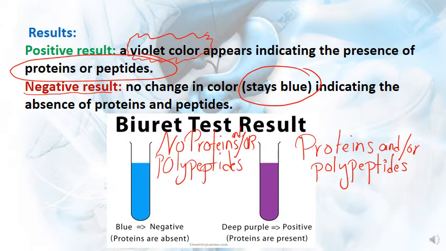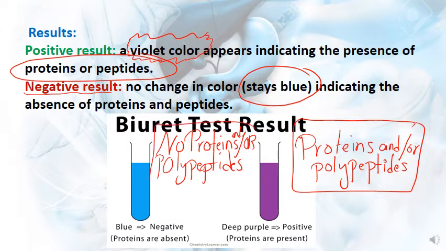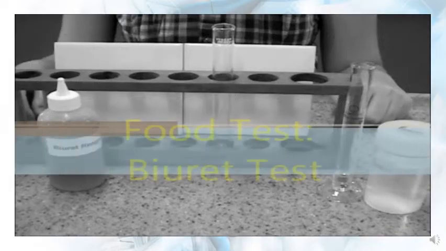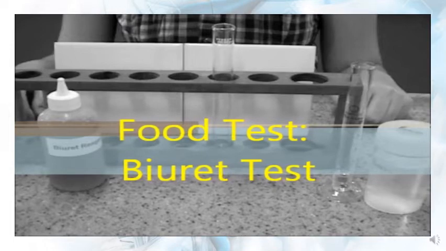If we have a violet color, meaning that we have proteins and or polypeptides. If we don't, we have neither proteins nor polypeptides. So blue, it's a negative result, no proteins. Deep purple or violet, positive result, we have proteins and or polypeptides. So this is the Biuret reagent and this is the test done.